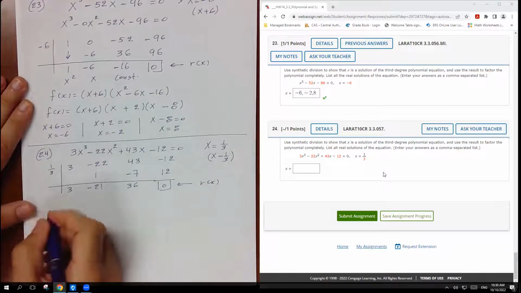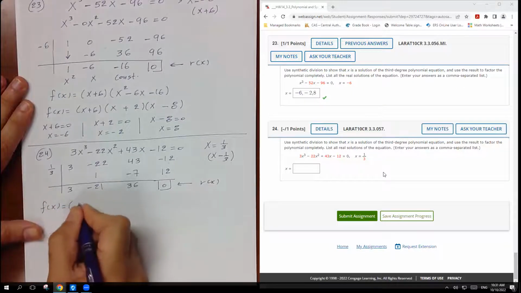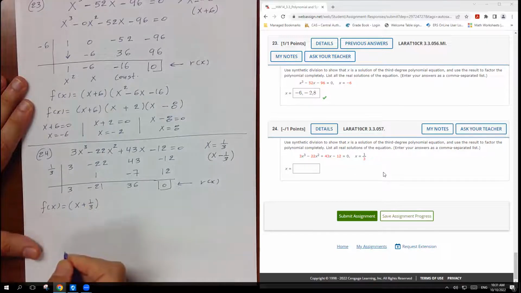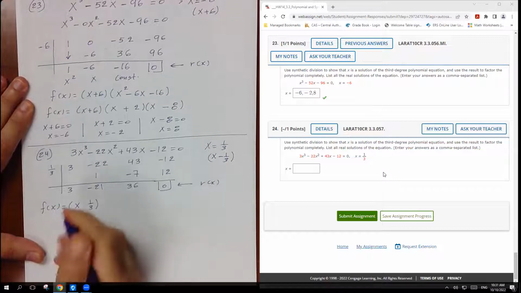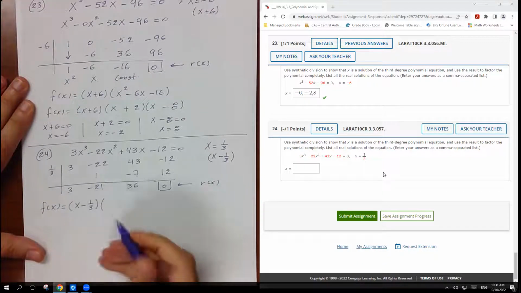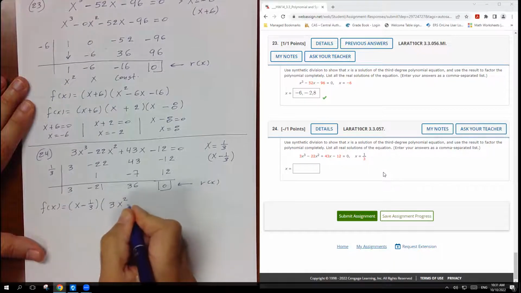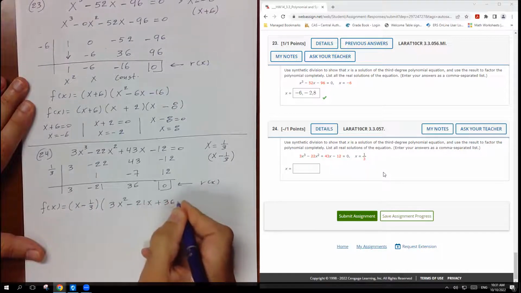That means f of x is going to be, the first factor is this, x minus 1/3, and the constant x squared. So it's going to be 3x squared minus 21x plus 36.